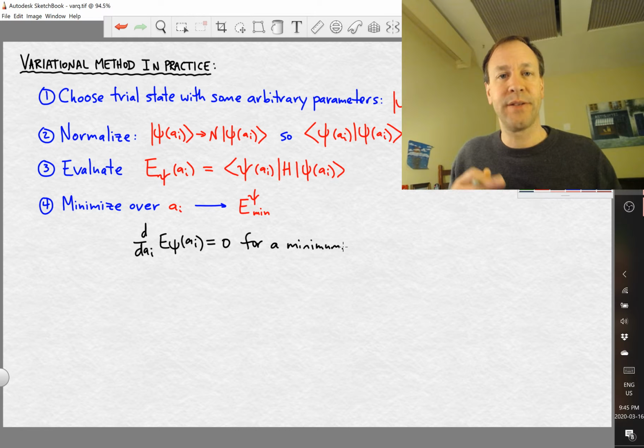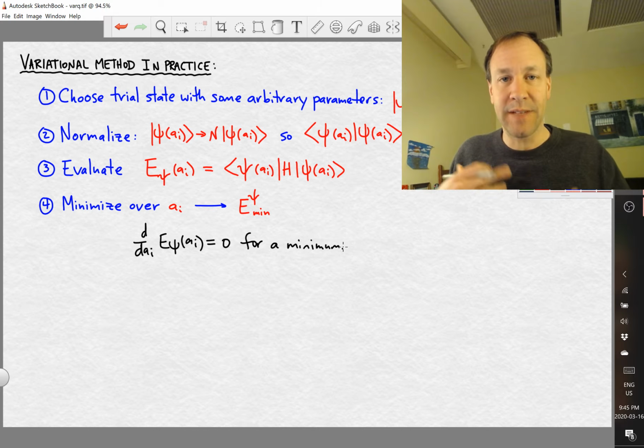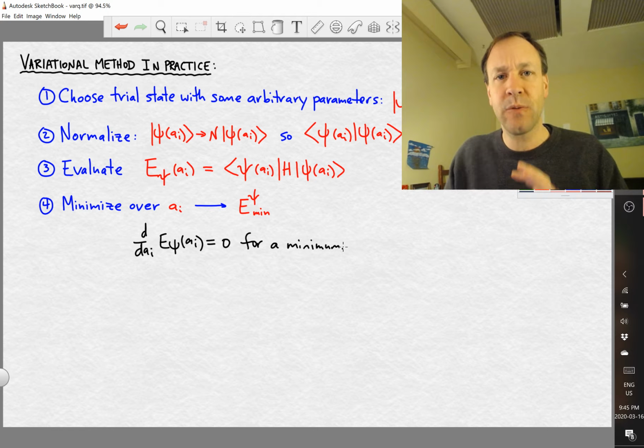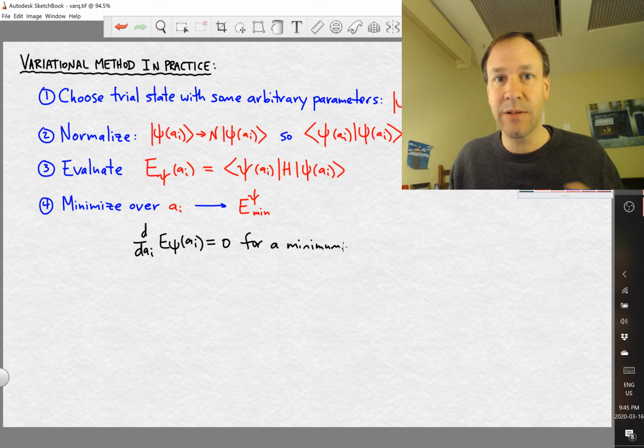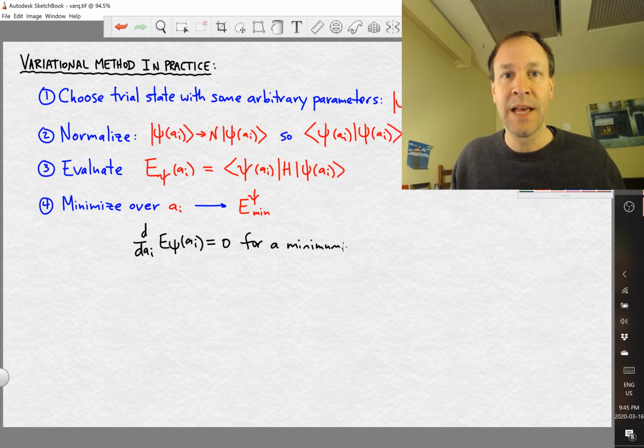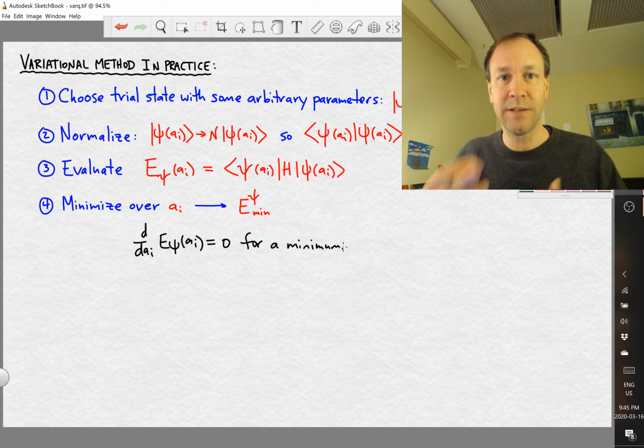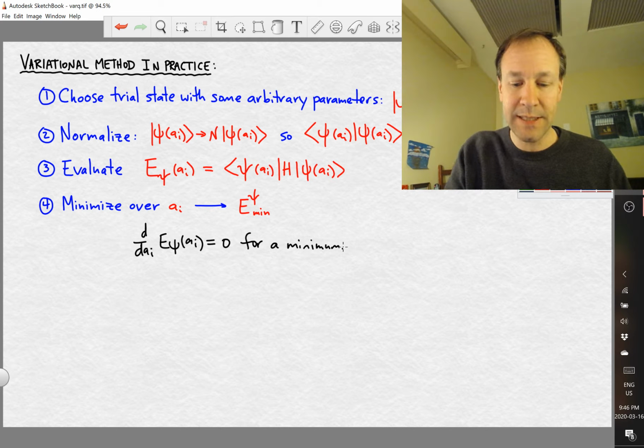That could give us several equations that we're going to have to solve. Sometimes you won't be able to solve those equations, and in that case, you'll want to do some kind of numerical minimization. In complicated situations, in actual applications, we want to use some numerical algorithm to try to minimize this function. Let's say we've done that.